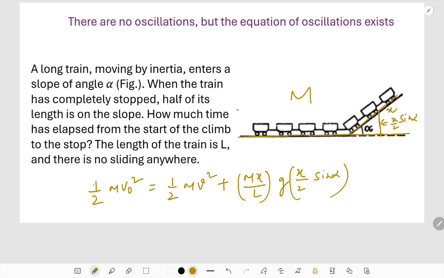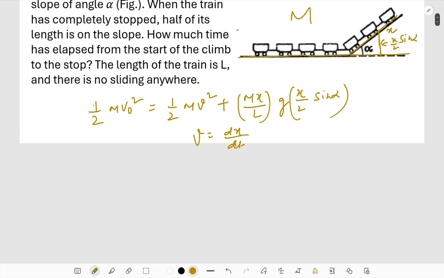And we know that its velocity right now is simply dx by dt. Now I would like to differentiate the equation obtained with respect to time. If I differentiate it, the left hand side becomes 0, because it is not changing anymore, and v is changing.